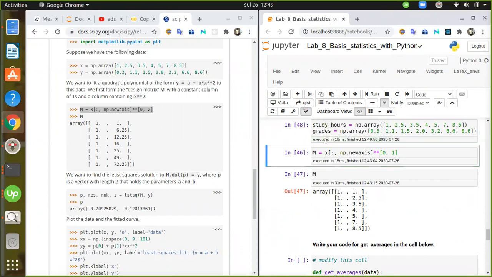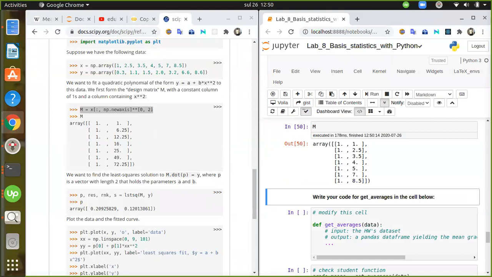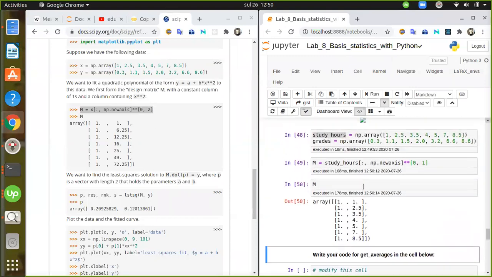Okay. Then we take the vector study hours, all the values, and instead of using 0, 2, we use 0, 1. It returns a matrix of this form. The first column is for the constant term, 1, 1, 1, 1.